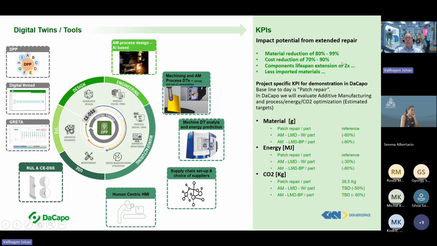To the right side there, you see some numbers. I would say on the top there, this is from a holistic perspective, that if we can repair parts, we typically save at least 80 to 90% of the material or resources required to produce new parts or spare parts, even up to 90% in many cases, because there are small features being worn and the sensitivity or fatigue life of these components are critical.